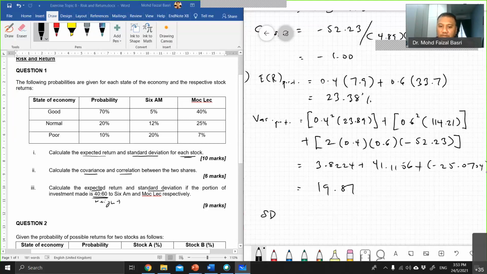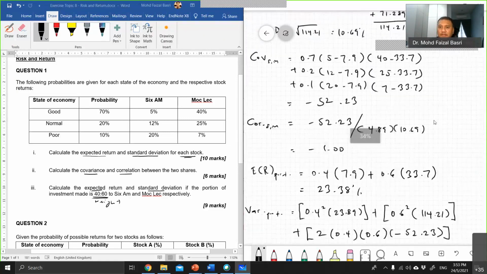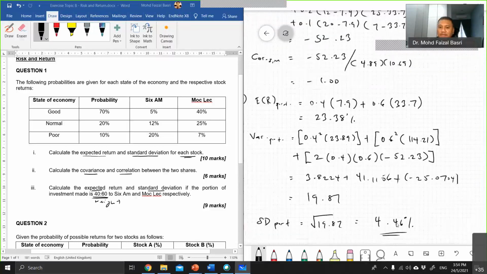And my standard deviation of the portfolio would be the square root of 19.87, which is 4.46%. So by doing this, I managed to reduce my risk.